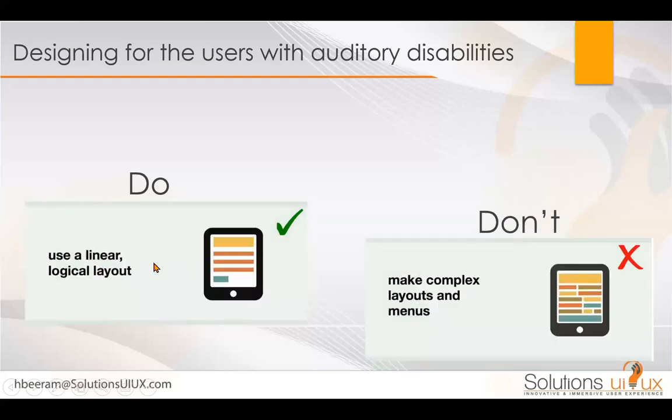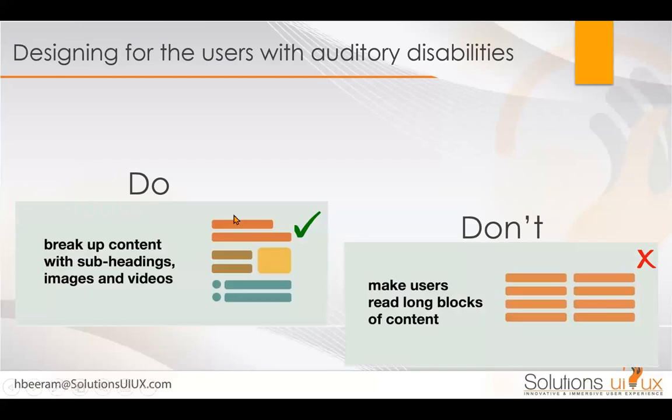Then using linear layout, we have seen this was helpful with cognitive disabilities, but it is also helpful with auditory disabilities, right? Using complex layout is confusing even for people with auditory disabilities. Then backing up content with subheadings, images, and videos.